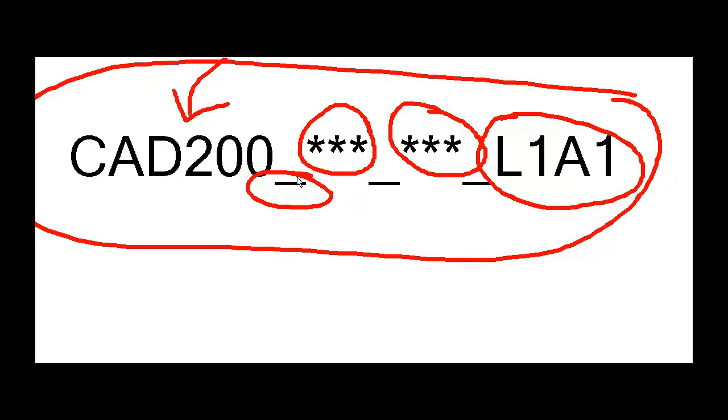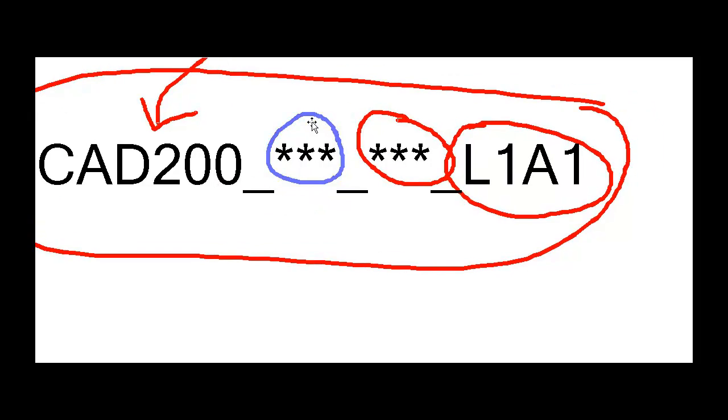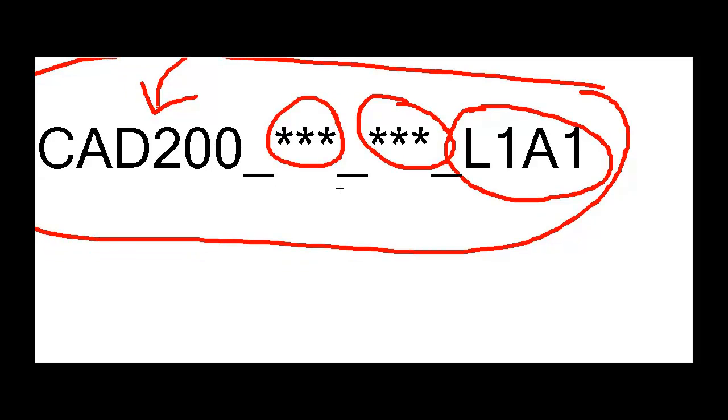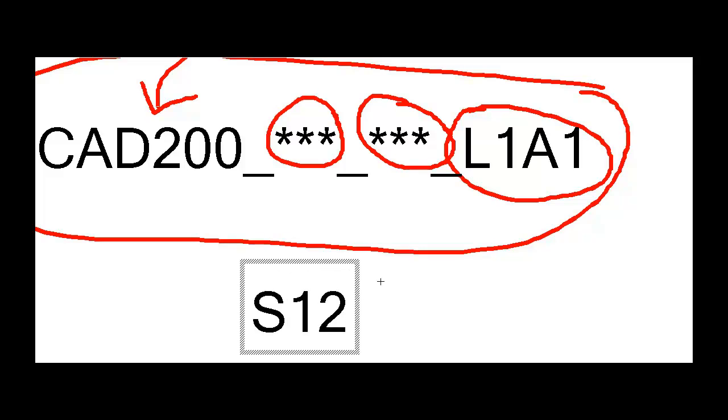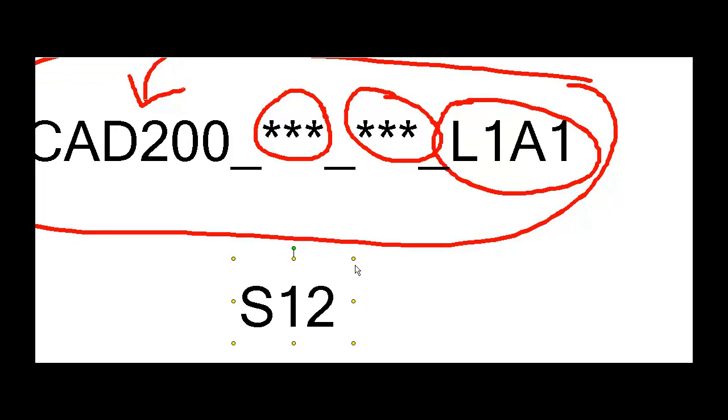So anyway, we've got an underscore, and then you have these three asterisks. Now these three asterisks basically represent the letter of the semester and the year. So for example, if you are taking this course in the spring of 2012 or summer of 2012, you would input S12. Okay? So this is what you would put right here.